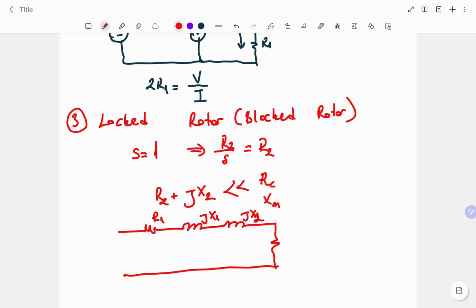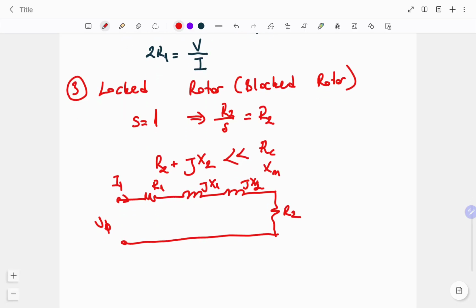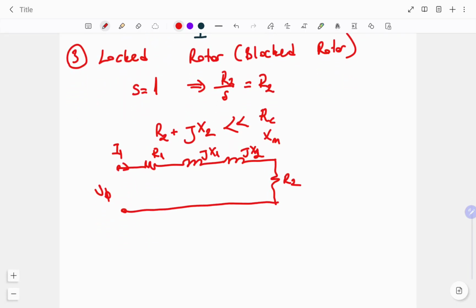X1, X2, and R2. Again, we will apply V phase and I1. During that operation, of course, our input voltage V phase will be smaller than the rated values, but in addition to that, during this locked-rotor test, our test frequency will also be dropped.